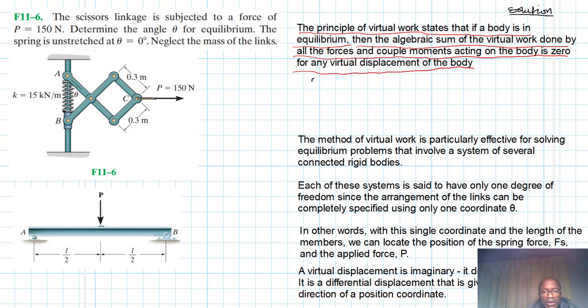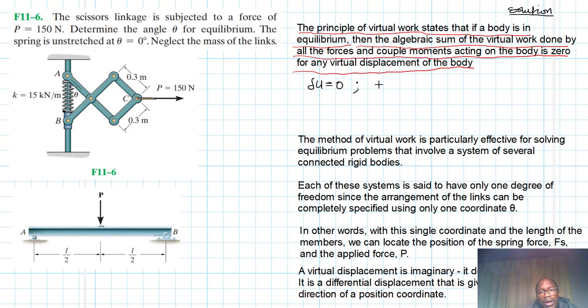So we are saying the total work del U, which is done on the system due to the forces and couple moments, is equal to 0.